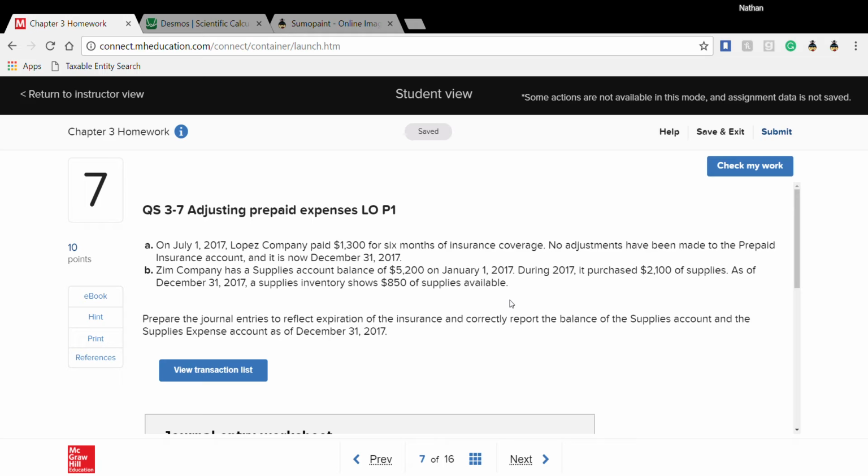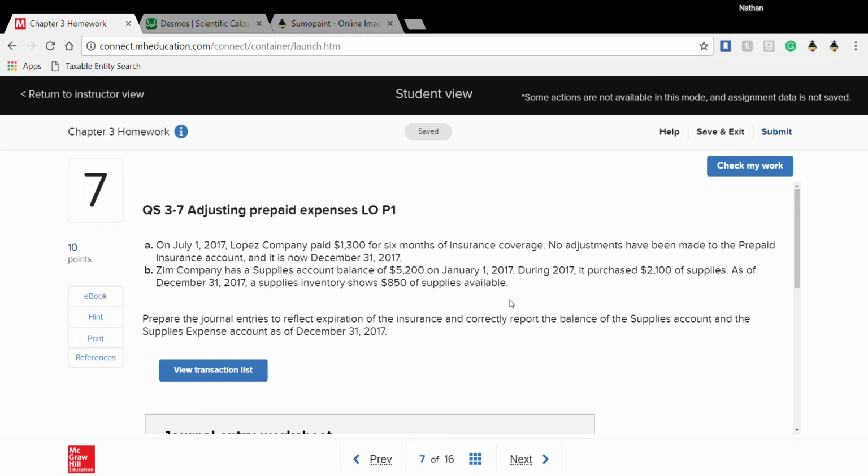On July 1st, 2017, Lopez Company paid $1,300 for 6 months of insurance coverage. Notice that no adjustment has been made to the prepaid insurance account, and it is now December 31st. So we have no adjustments whatsoever.